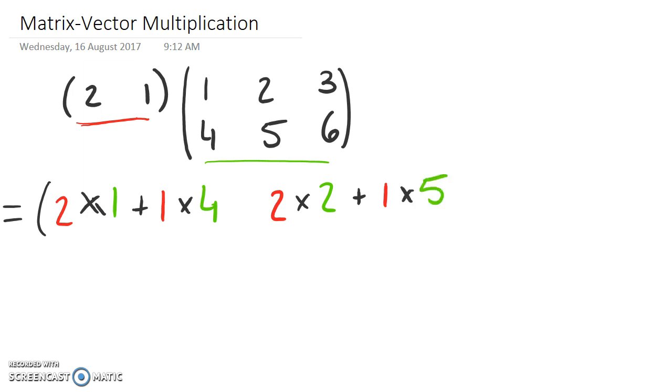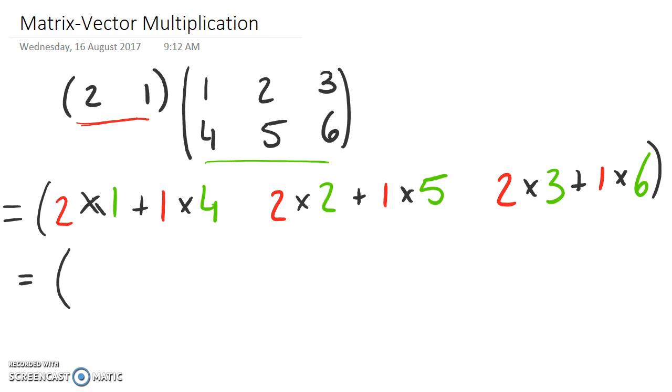The third element in our vector will have to be the first row multiplied by the third column. That's 2 times 3 plus 1 times 6. And we'll close our brackets there.